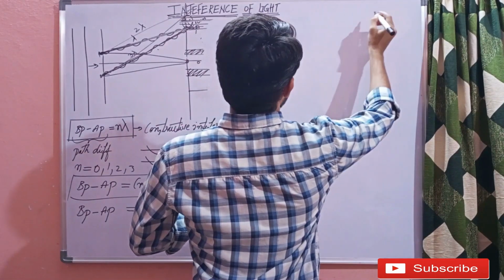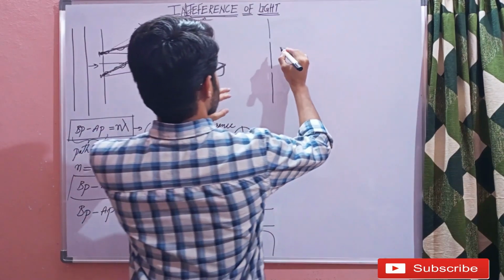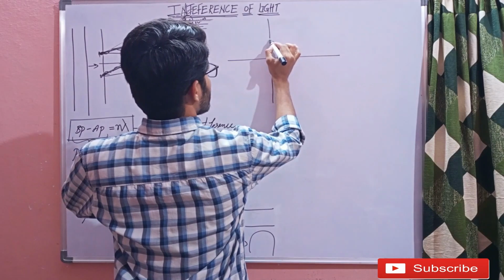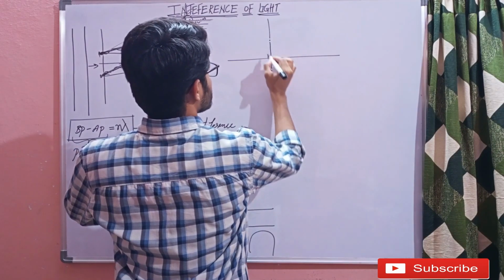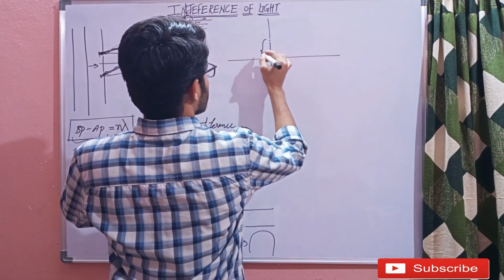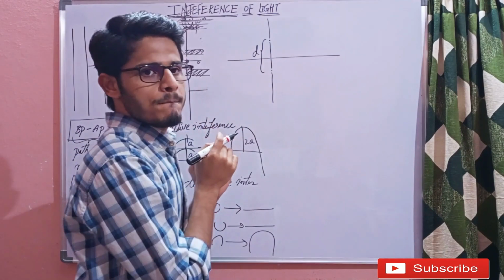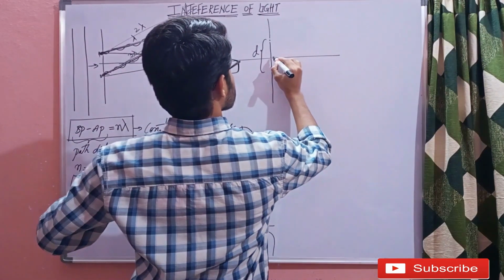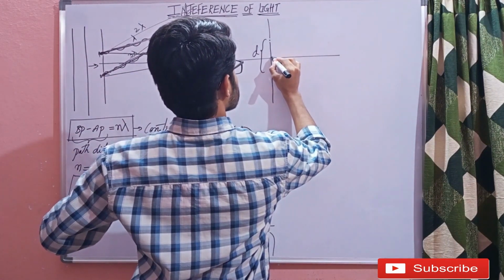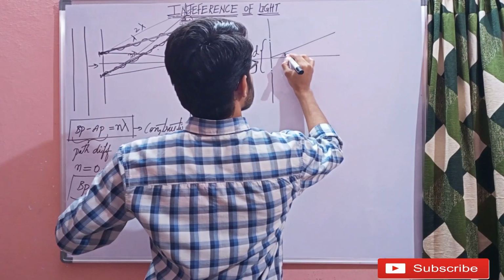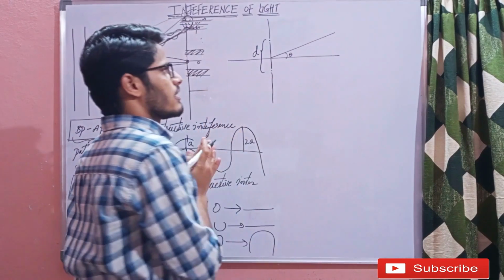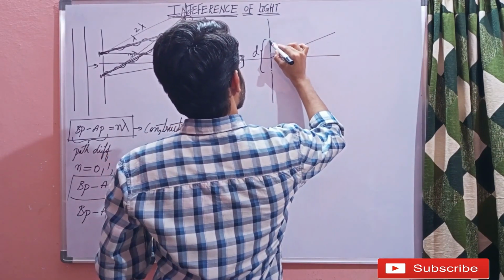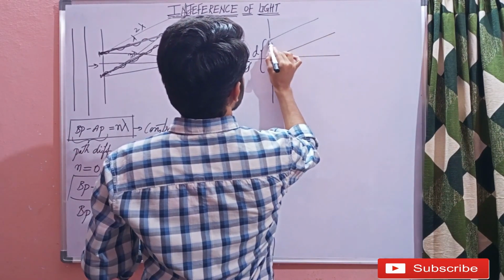Here I have, suppose the distance between these two slits is D. The distance between these two slits is D. There's an angle theta it is making, and exactly parallel to this I have another one.